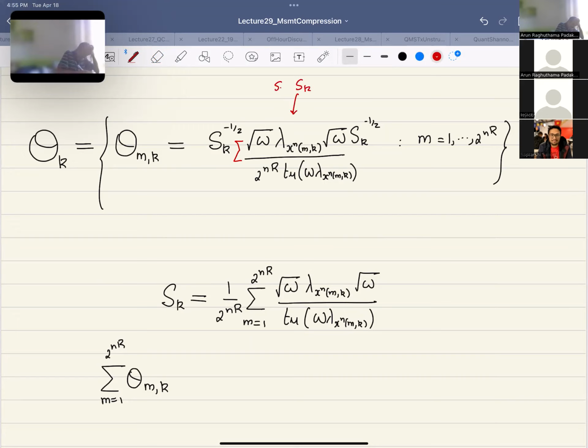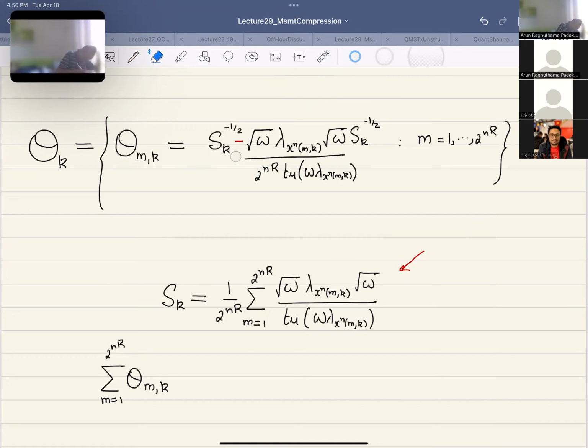So there's an sk power minus half sitting on the left and an sk power minus half sitting on the right. Well, this will be the projector on the sk space. It won't be the identity. If sk does not span the entire space, then when I define the power minus half, I'm essentially defining the inverse only on the range space of sk.